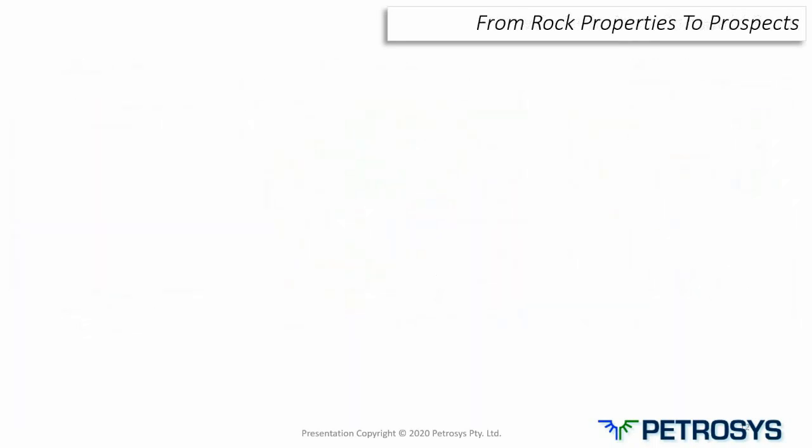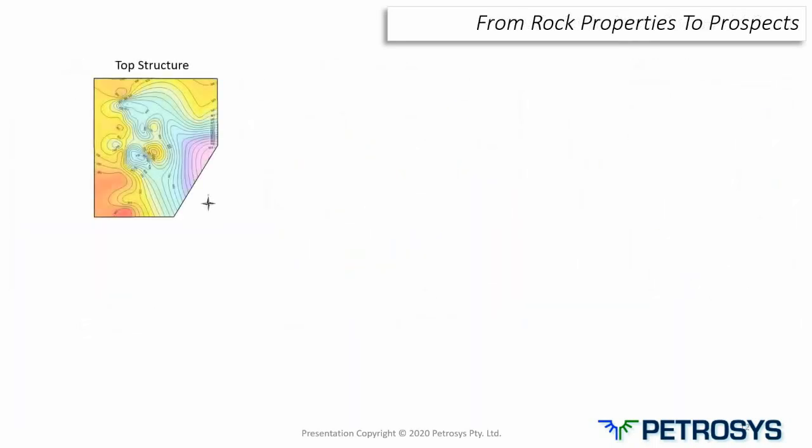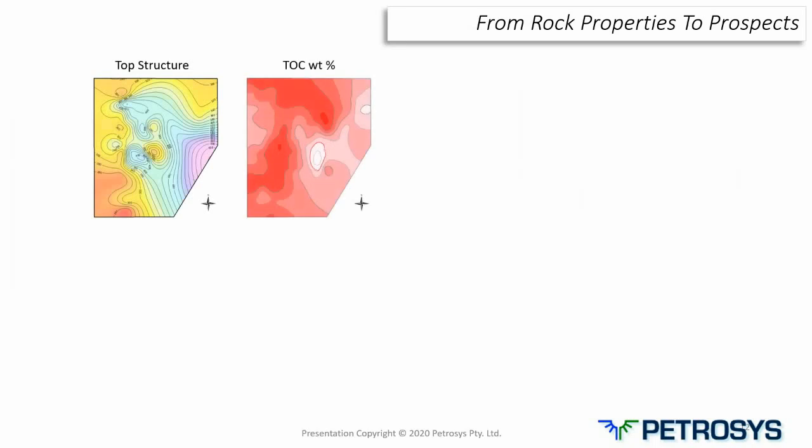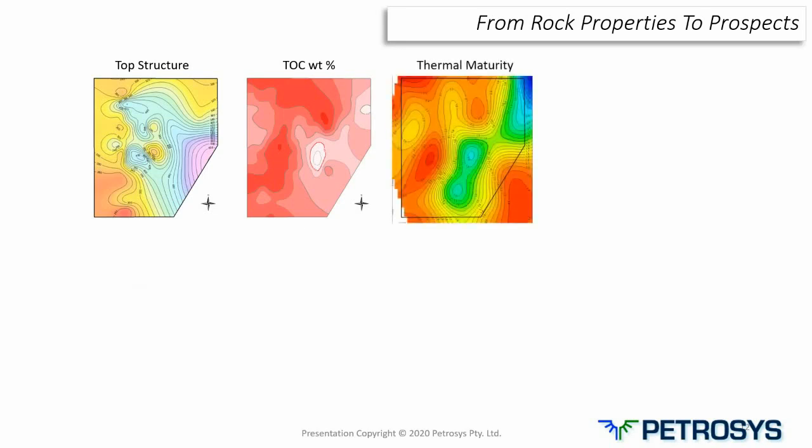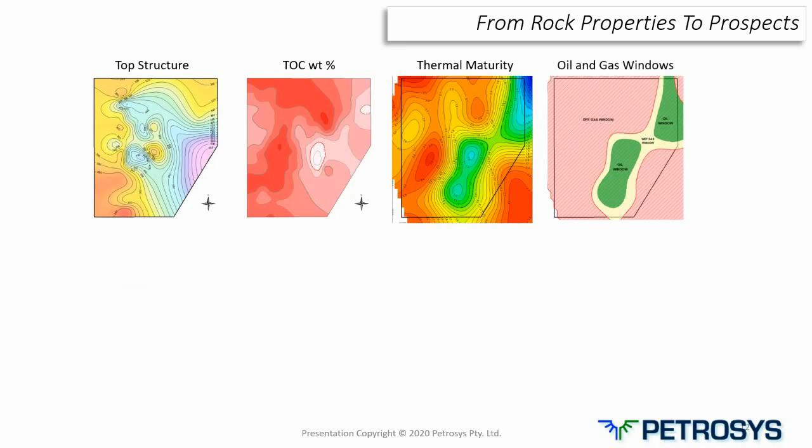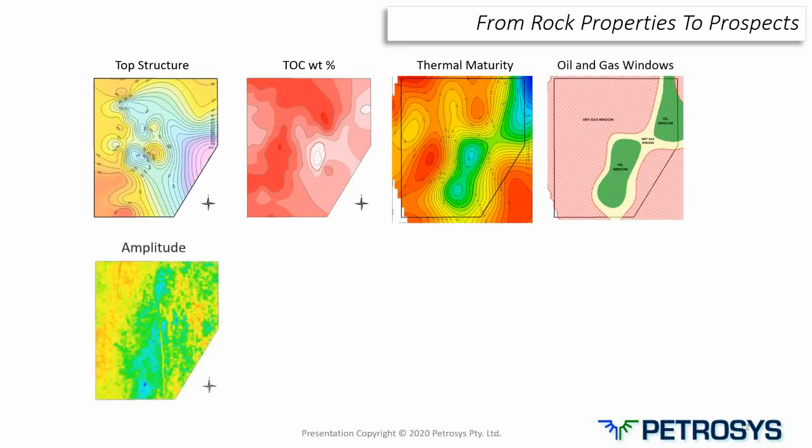So if we approach this from a standpoint of what data do we have, we've got some structure maps from the regional seismic. We have some total organic carbon estimates from actual seismic attributes. We have thermal maturity. We have oil and gas windows based on that thermal maturity.